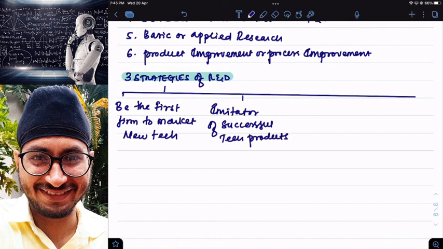It means I'm not going to launch something new. I will wait for you to launch something new. If your new product is successful, then I will implement the same thing in my business. Or the last one, be a low cost producer, producing mass products.